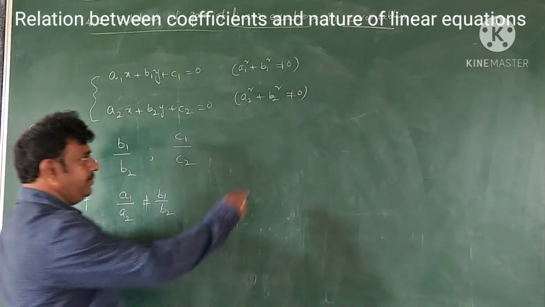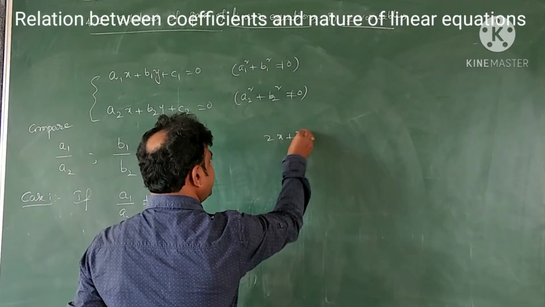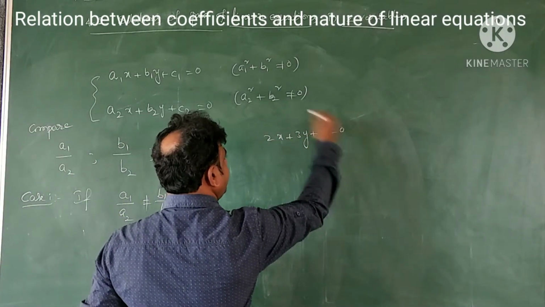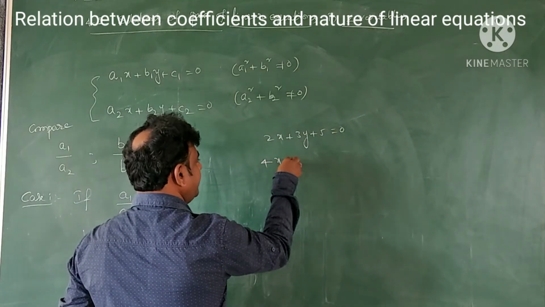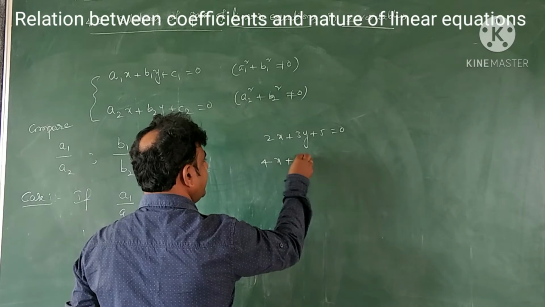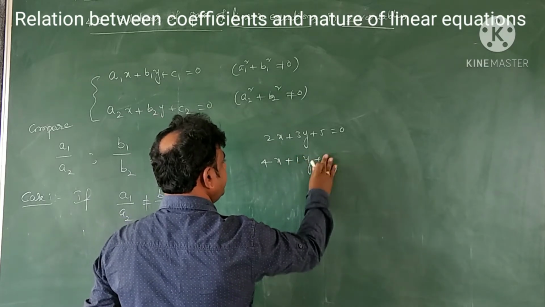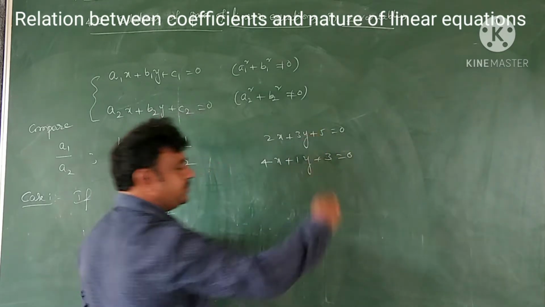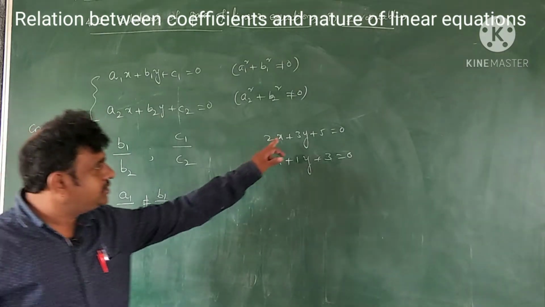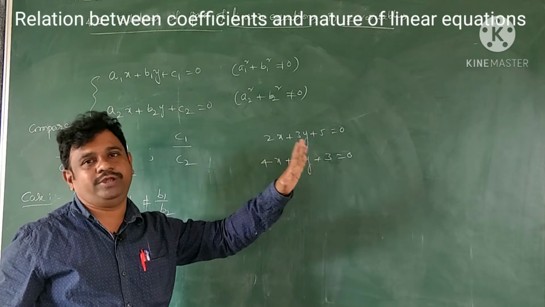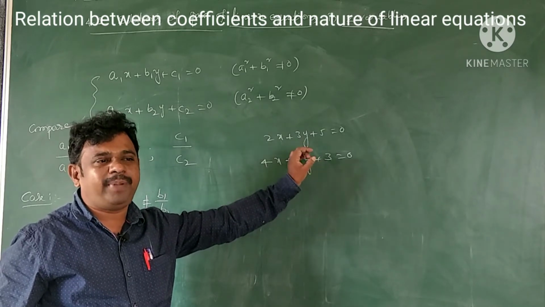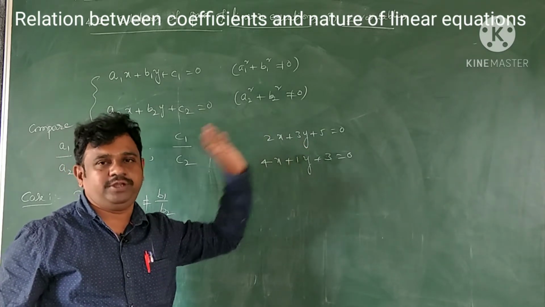For example, 2x plus 3y plus 5 equals 0 is a linear equation, and 4x plus 1y plus 3 equals 0 is another. These two are linear equations in two variables, so this is a pair of linear equations in two variables.